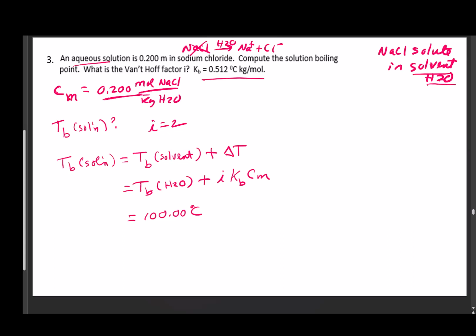So then the second factor here, since we had sodium chloride and we already determined i is equal to 2, the first factor is 2. Second factor is given, 0.512. And the third factor we were given as well. So we can compute that out.